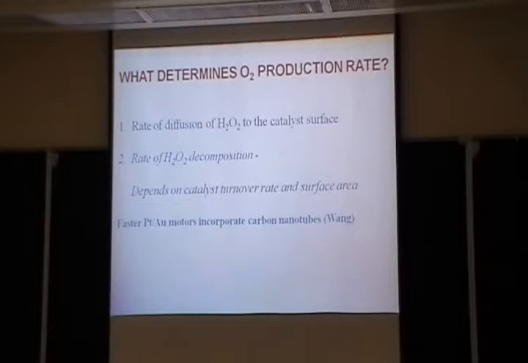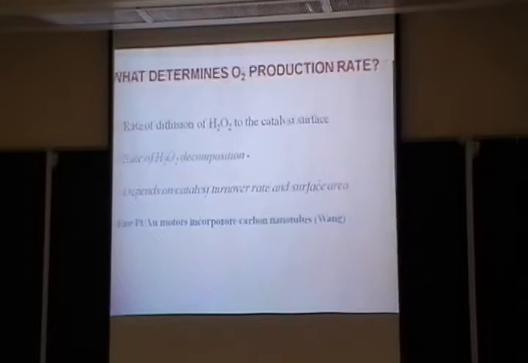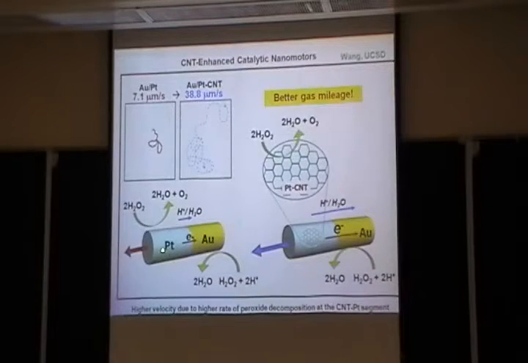And so the higher the surface area of the catalyst, the faster the rods should move. And Joe Wong at UCSD has made these rods where he incorporated carbon nanotubes into the platinum end. Basically, just increasing the surface area of the platinum by putting this stuff in.